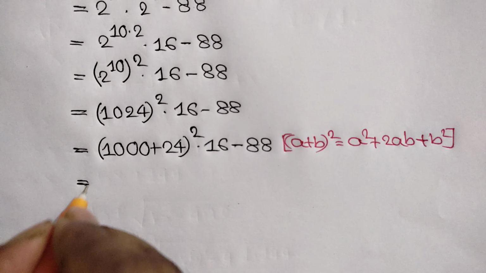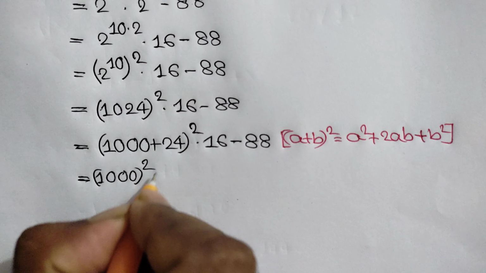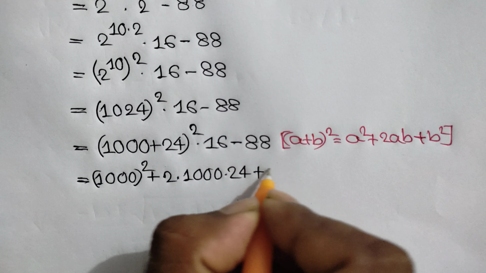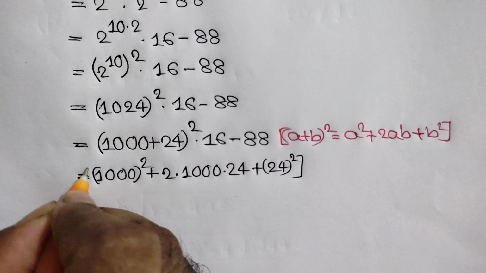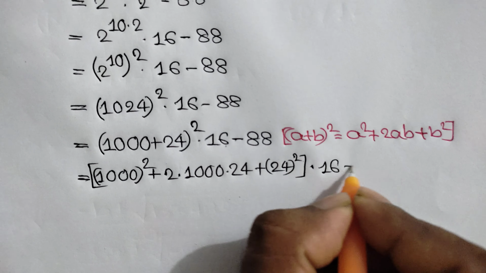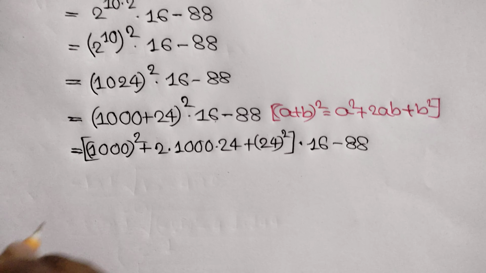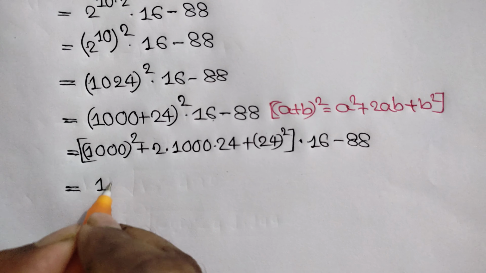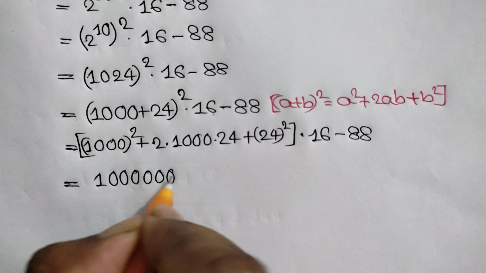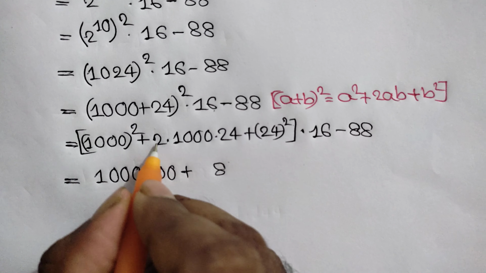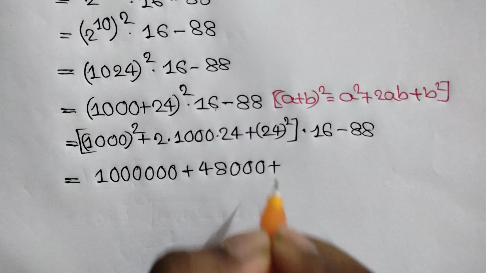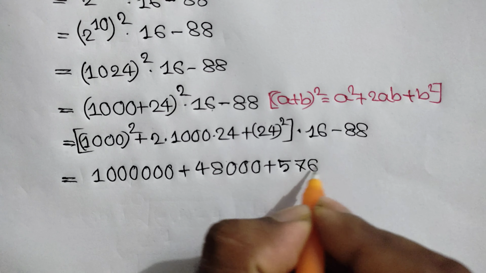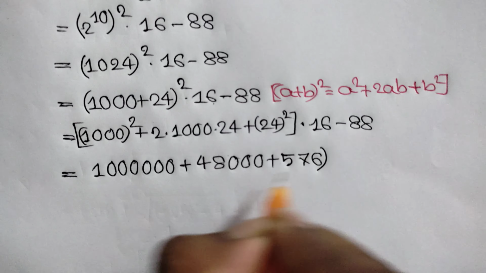Now apply this formula. Here we can write 1000 squared plus 2 times 1000 times 24 plus 24 squared, times 16 minus 88. Now 1000 squared means 1 with 6 zeros, plus 2 times 24 is 48 with 3 zeros, plus 24 squared, that means 24 times 24, which is 576, times 16 minus 88.